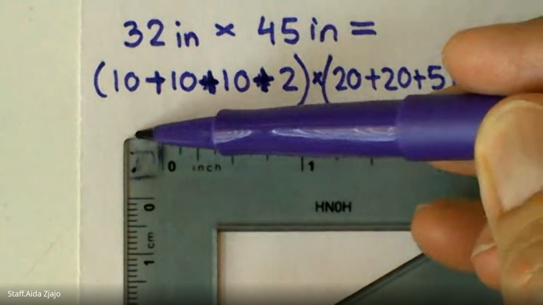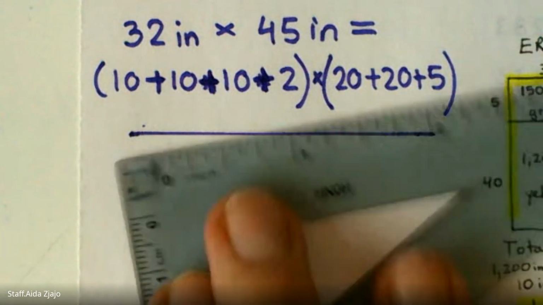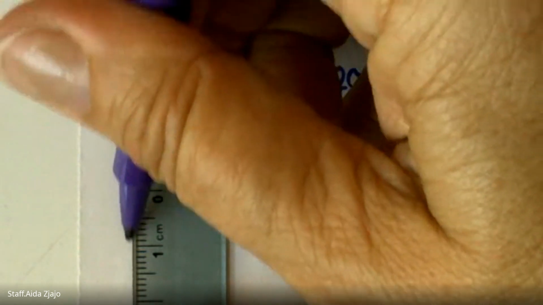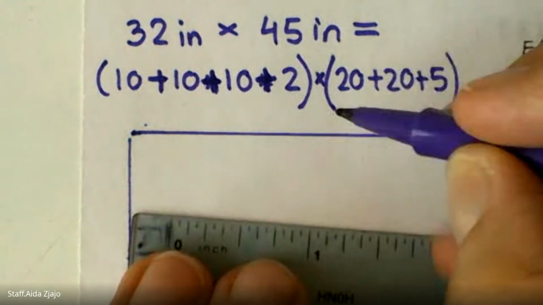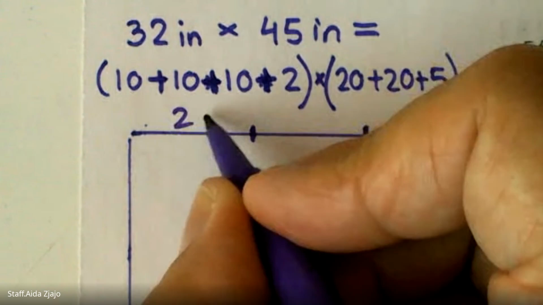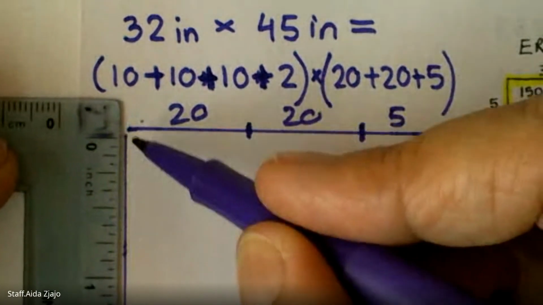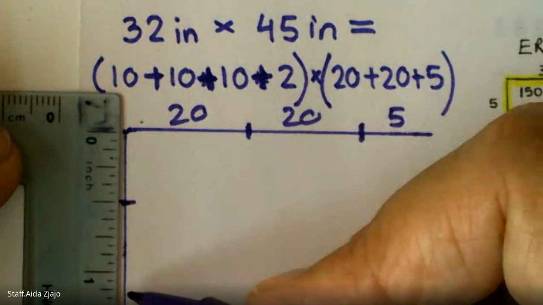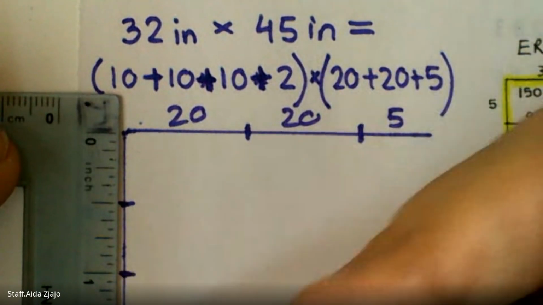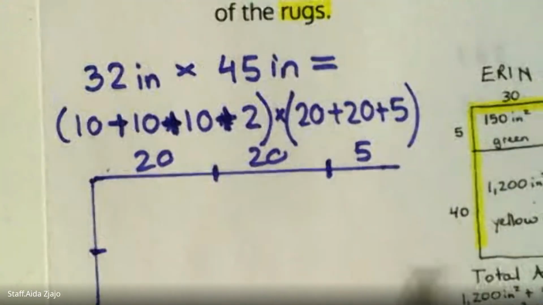Okay, let's see if I make this. I like to make it as long as I can. So if this is 20, and then this is 20, and that would be 5, 20, 25. Now I need to do 10. So let's do it bigger: 10 and 10 and 10, and then I need 2 more, so I'm going to do 2 more.